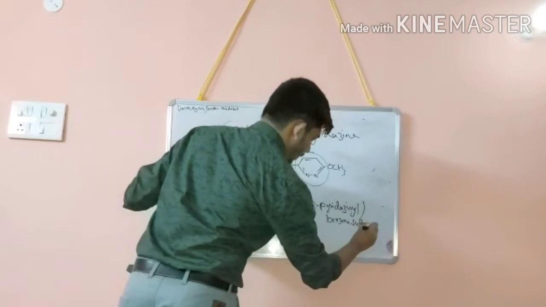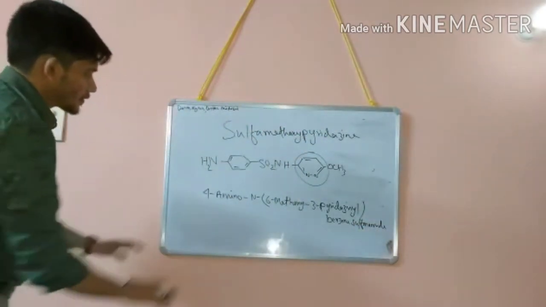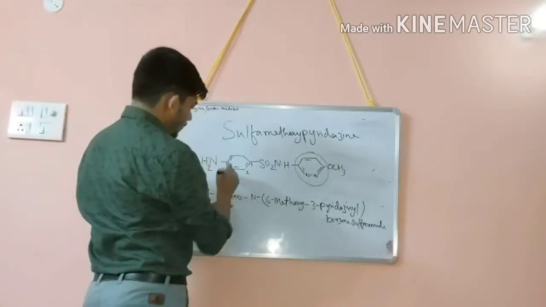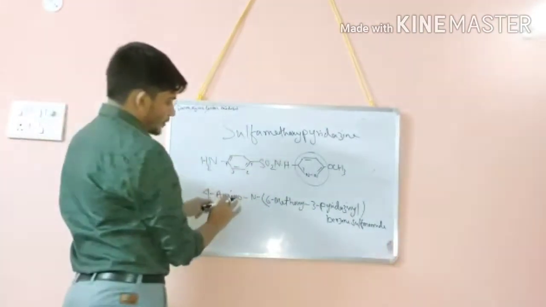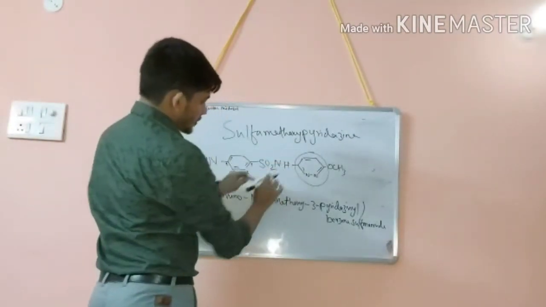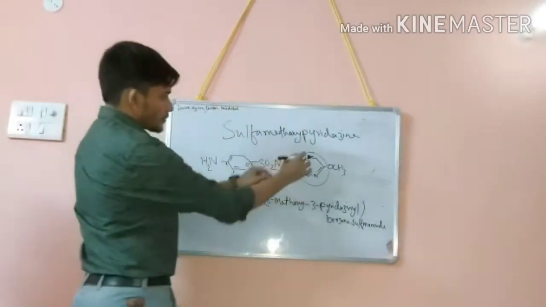So, 4-amino: 1, 2, 3, 4, in the 4th position the amino group is there. Then N, which N? This nitrogen. What is attached to this nitrogen? This one, 6-methoxy.